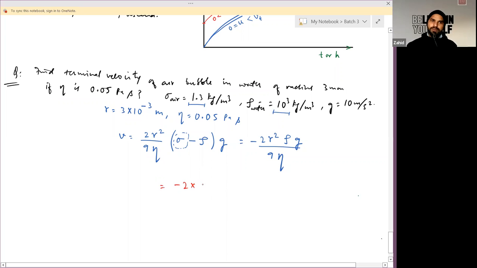Minus 2, r square will be 9 times 10 to the power minus 6, minus 3 into 2. Density of water is 10 to the power 3, gravity is 10, divide by 9, eta is 0.05. If you remove this decimal, you will get 10 to the power 2 at this point.